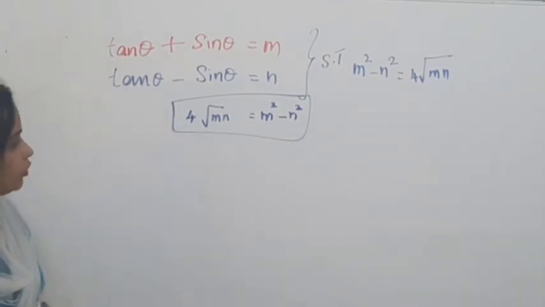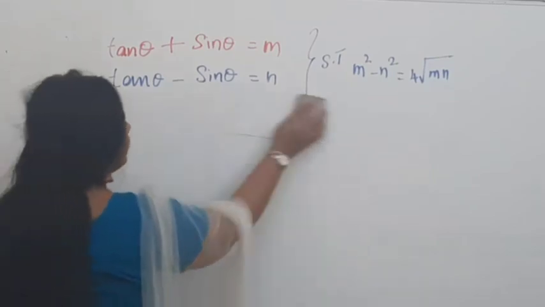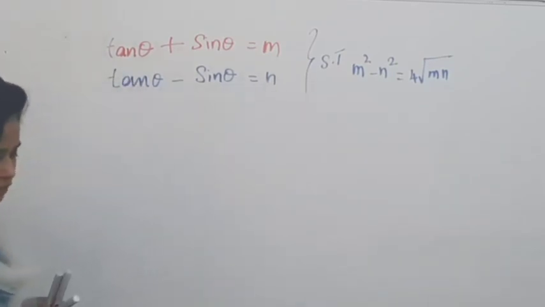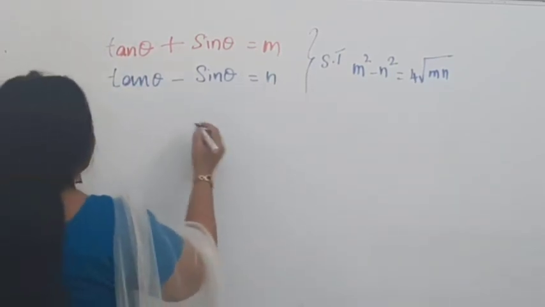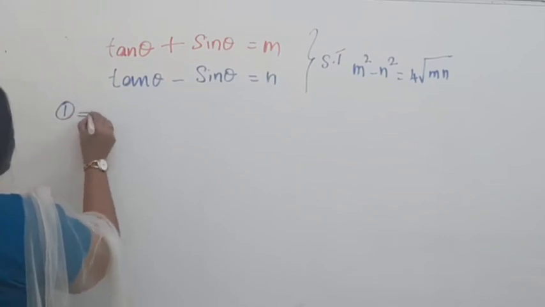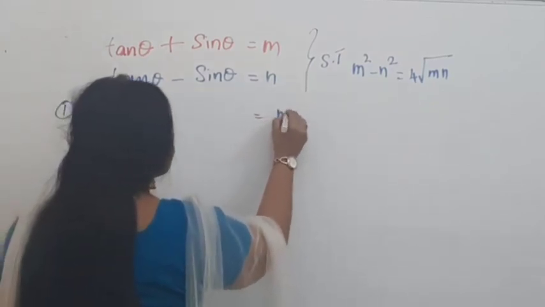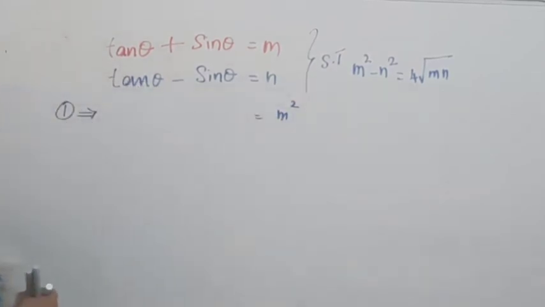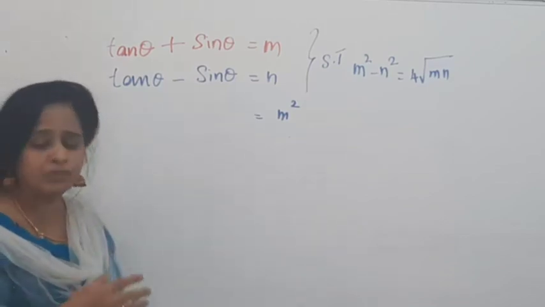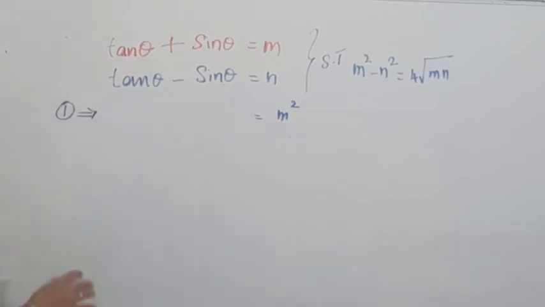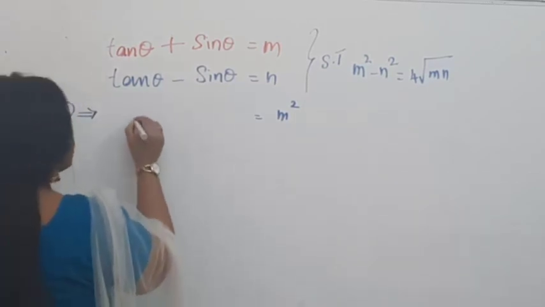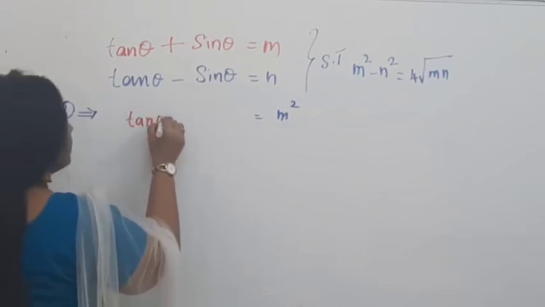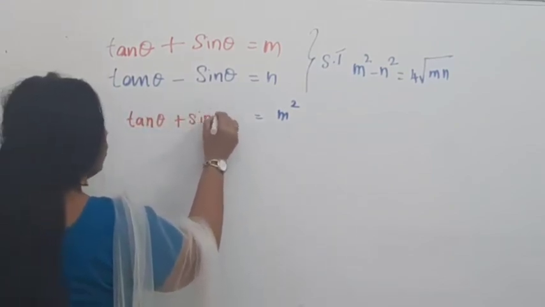So you will score the marks for the rest of all the steps if you understood this way how to write the question. So I'm going for finding my m square and n square. So go for finding the m square. The first one implies, I'm writing here itself, so you will not be confused of this writing the equation. So m square is nothing but tan theta plus sin theta the whole square.